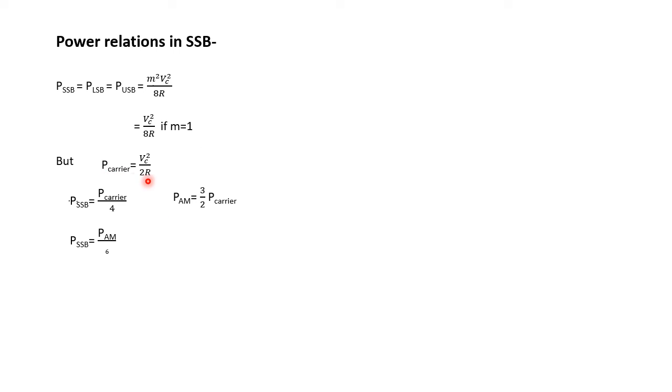On the same lines as in the previous slides, the power needed for transmission of the carrier wave is Vc square divided by 2R. Therefore, by combining these two equations, the power required for single sideband transmission will be power of carrier divided by 4.